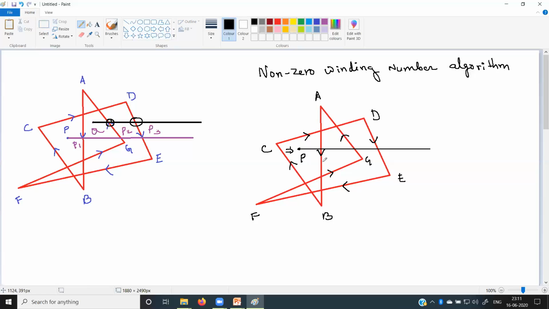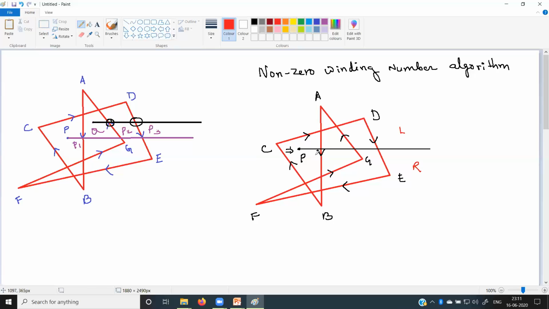If your face is towards the point P, then this is your left side and this is your right side. Fine.